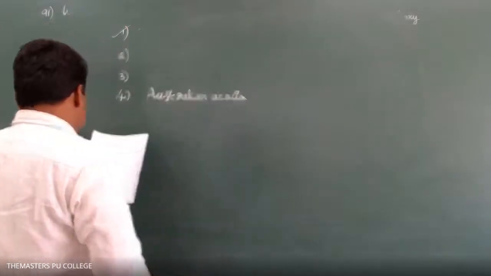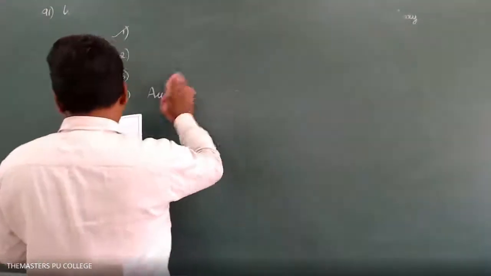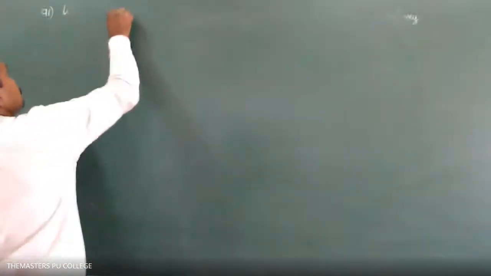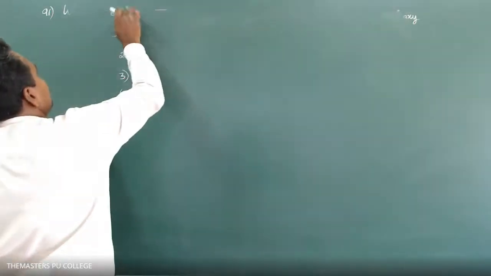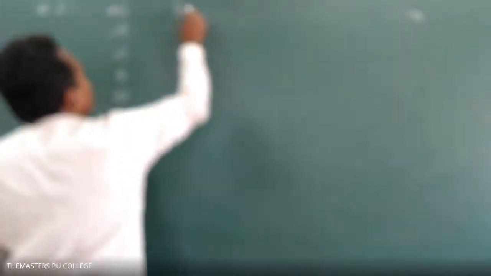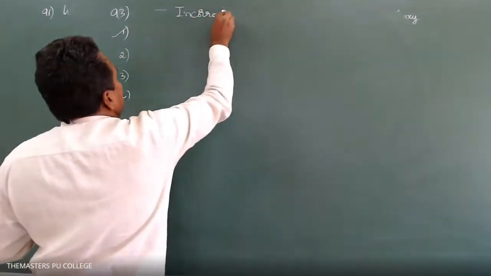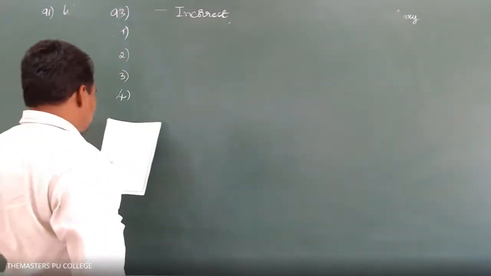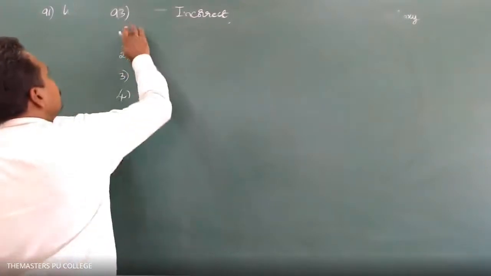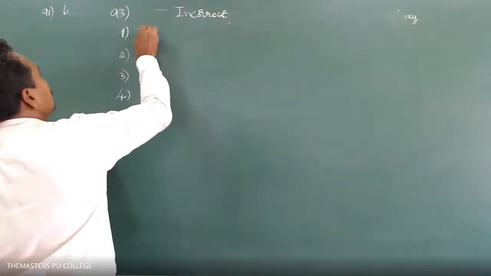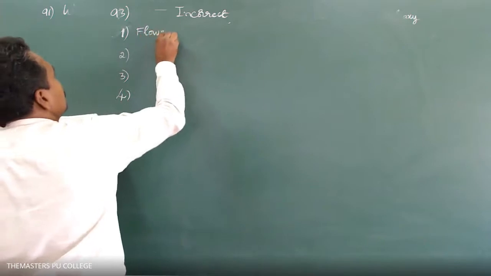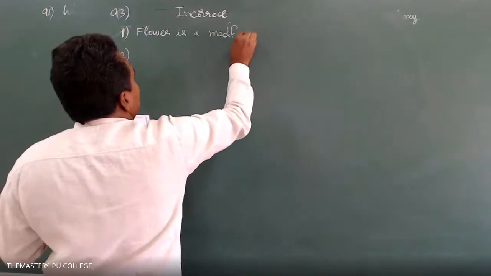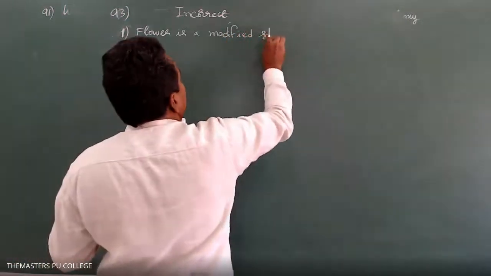Right. Next, mark the incorrect statement. Question number 93. Incorrect statement. What are the given options? Option 1: Flower is a modified shoot.